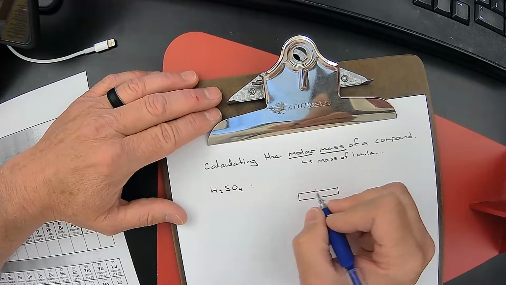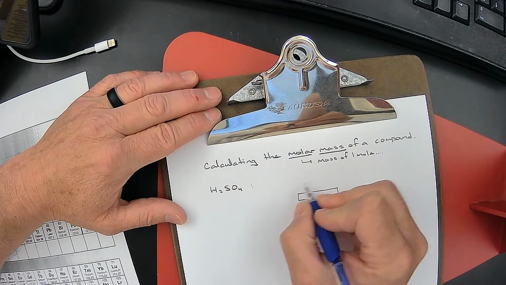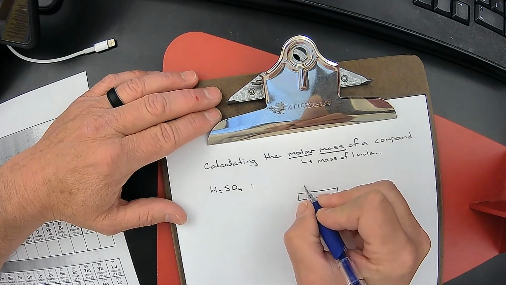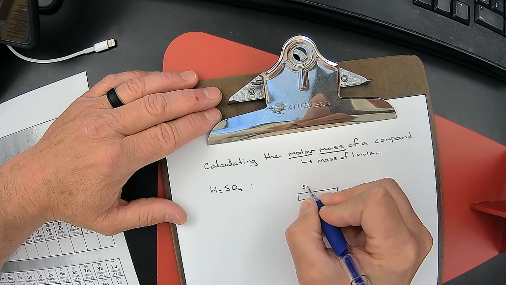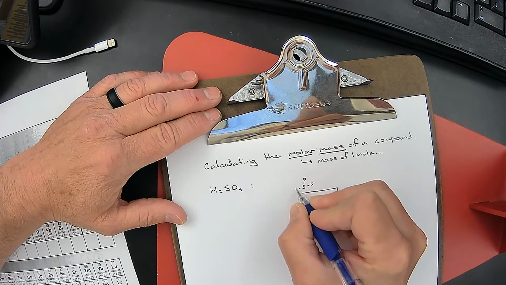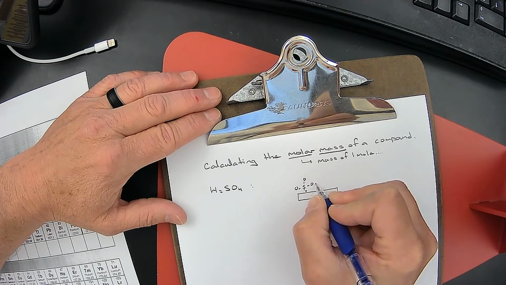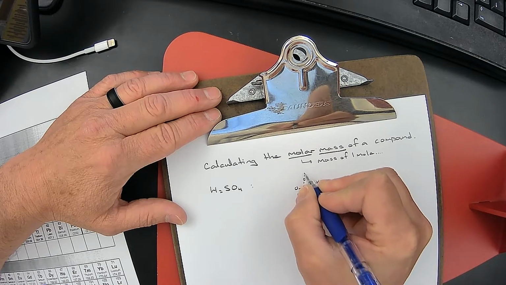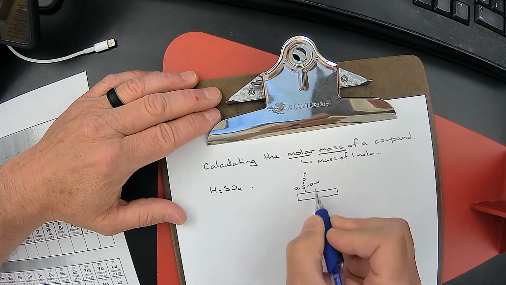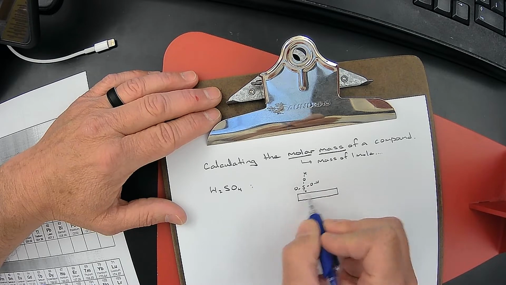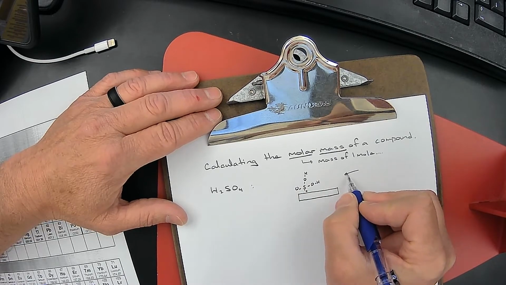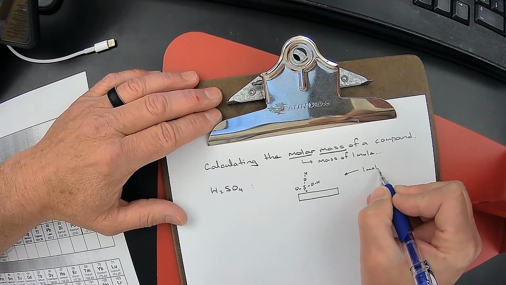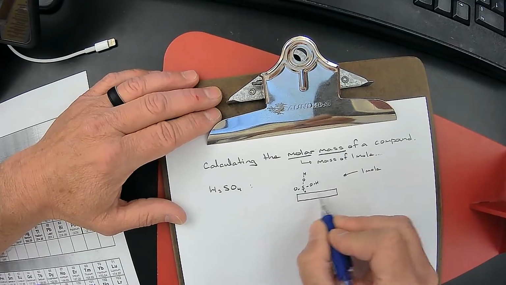So maybe if I were to draw an H2SO4, let's put the S in the middle, the 4 O's around it, and then 2 H's connected to 2 of those O's. What we're doing is putting 1 mole of that substance on the balance.